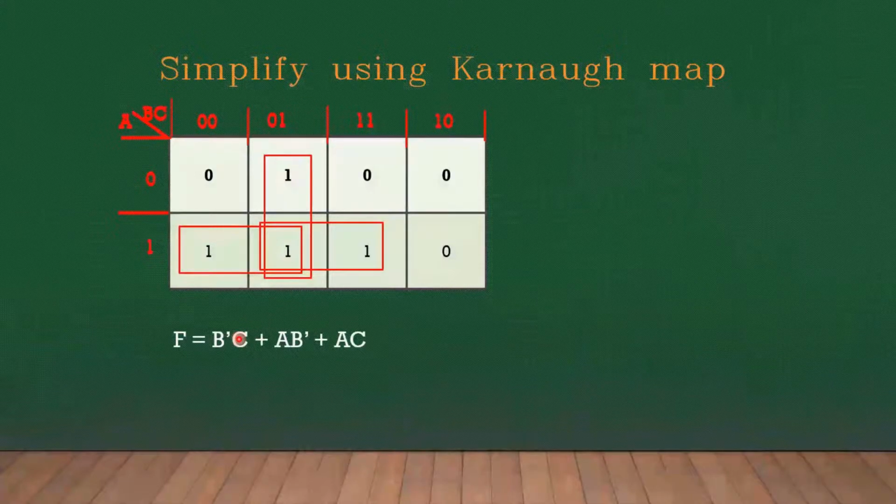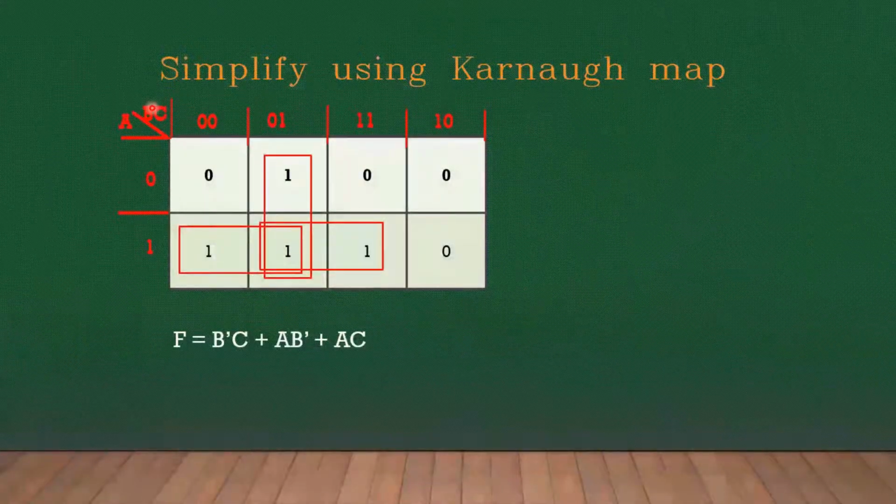So B naught C. Or the other one, the second one, A B naught. This row is not varying, so that's why we take A. But moving from this column to this column, B naught is not varying, 0, 0. So B naught is not varying, but C is varying from 0 to 1.